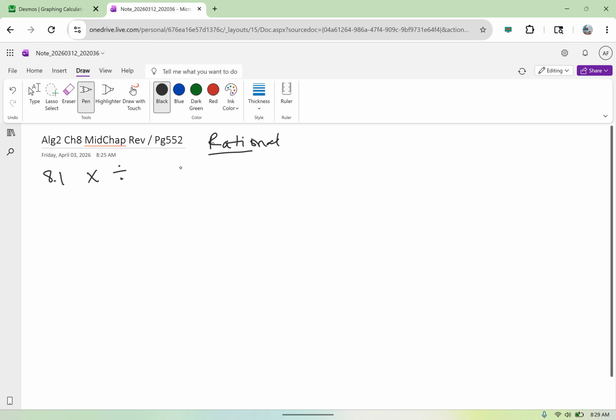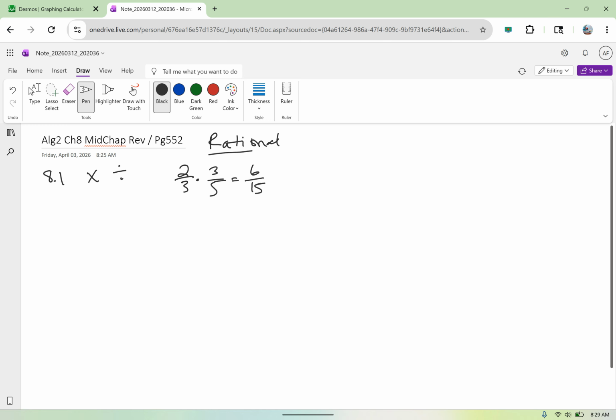So a basic review: when we multiply fractions, this is true. This is a basic review with numbers, and we're doing this with algebra expressions, polynomial expressions specifically. But when we multiply fractions, we multiply straight across.